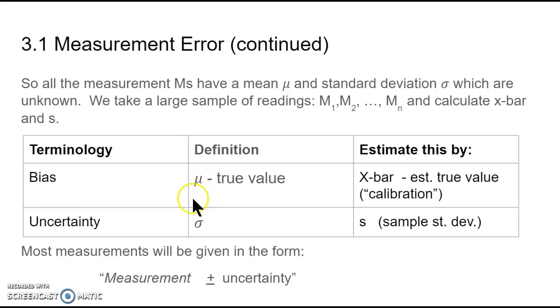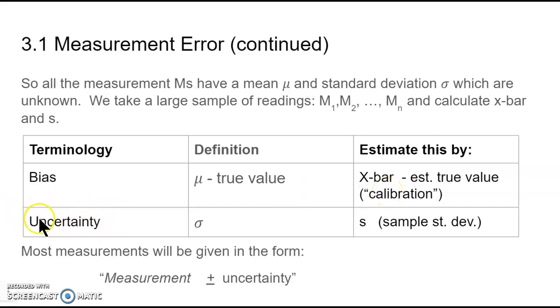So we have these M's that are all different measurements. They have a mean, and then there's a real value for that thing. Whatever the difference is, is called the bias. We're going to estimate this bias by X bar, the sample mean, minus an estimate of the true value, and we call that calibration.